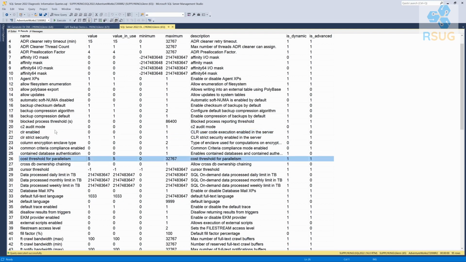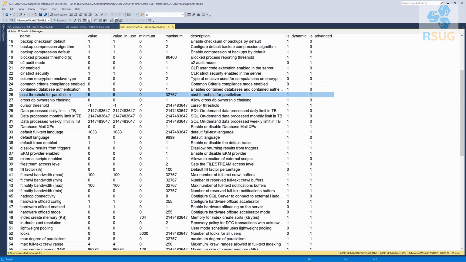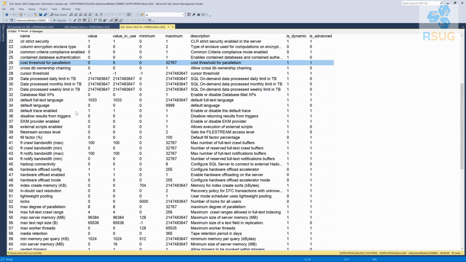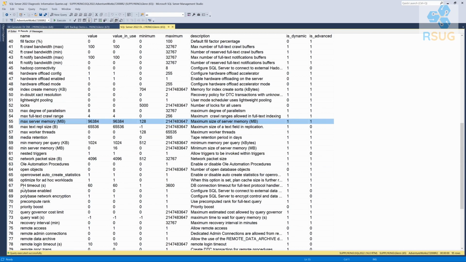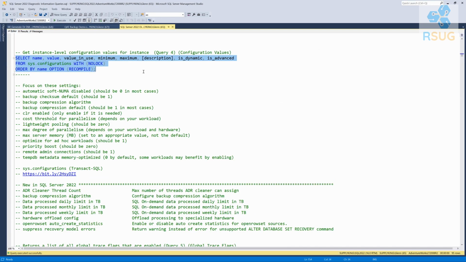The default is 5, which is often too low, depending on your workload. Other ones that are really important, in my opinion, are max degree of parallelism and max server memory, and then optimize for ad hoc workloads. I usually think that should be enabled for most workloads, but this shows you what's going on.